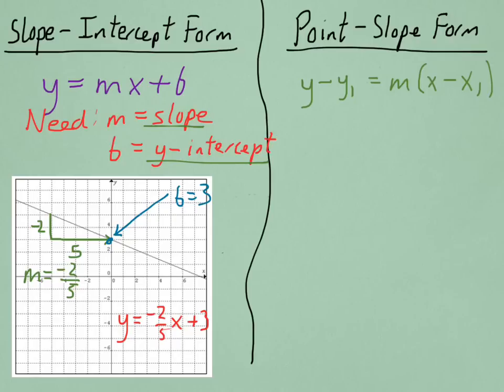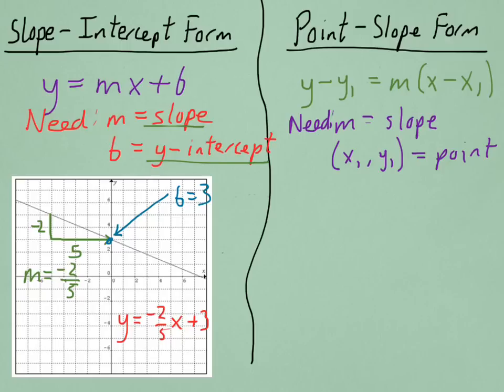Just like in slope-intercept form, the letter m represents the slope. The point is (x1, y1). So if I have a point and a slope, I can plug in those values to that equation. So again, these are the two things that you would need.